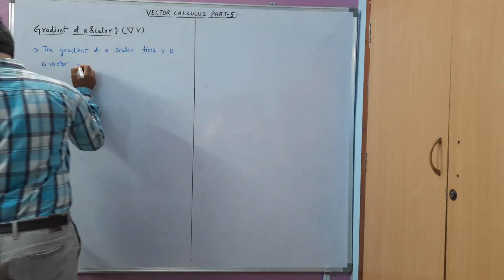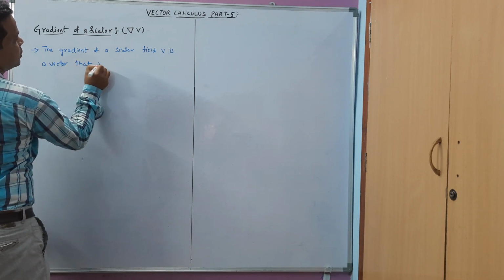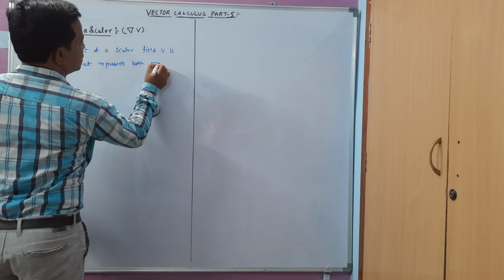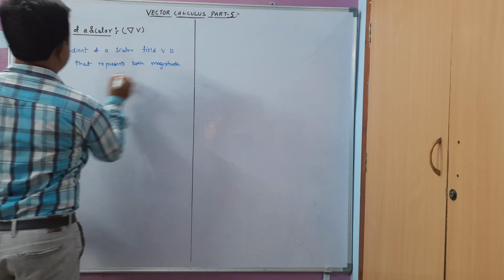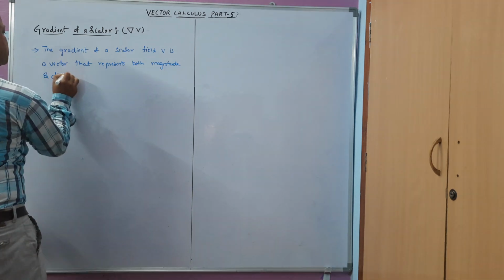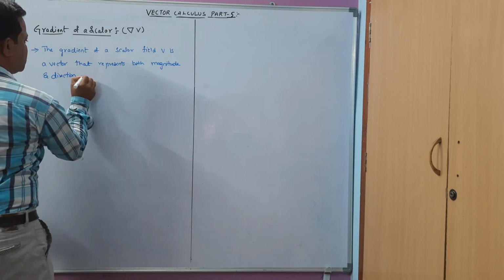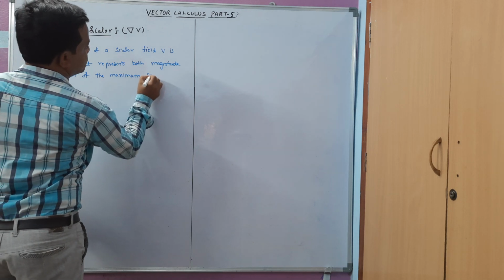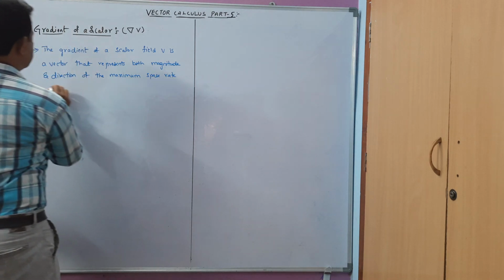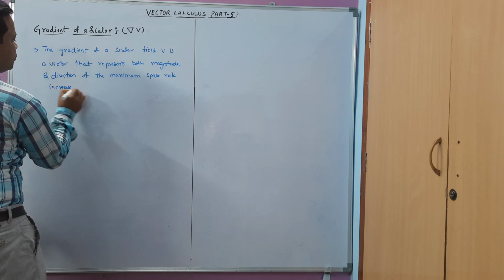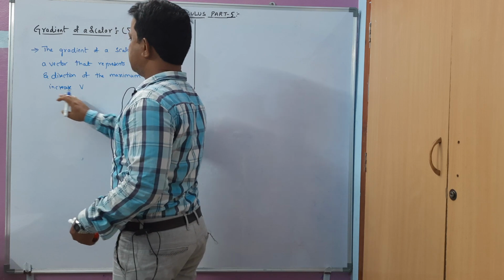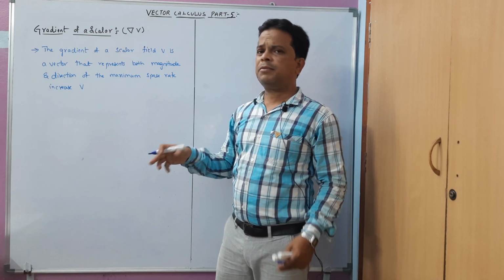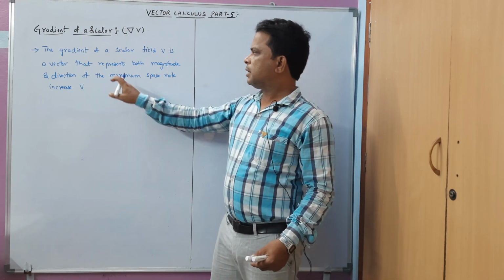It is a vector that represents both magnitude and direction of the maximum space rate of increase of V. So the gradient of a scalar field V is a vector, actually del V. Vector means it has both magnitude and direction.